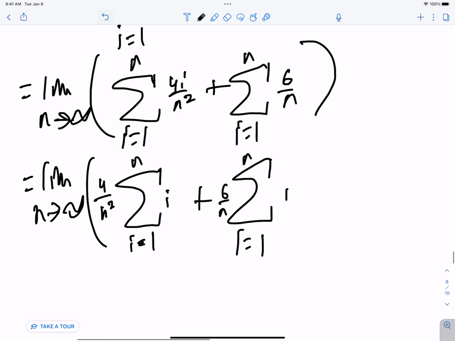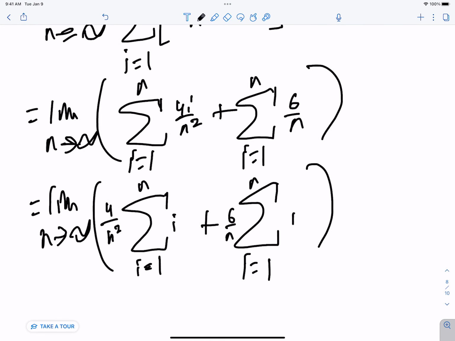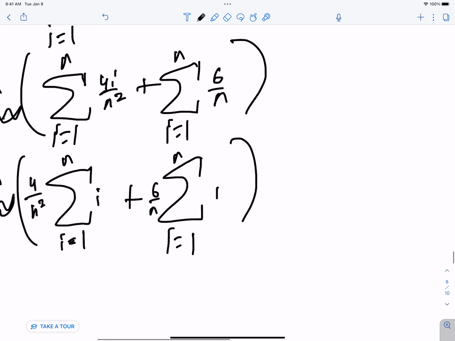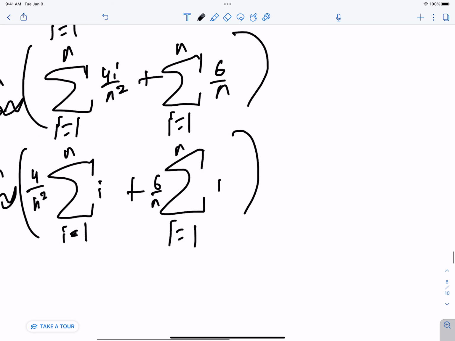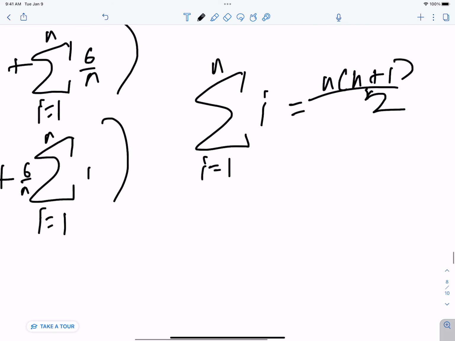Alright, so I guess to go a little further, we need to use a couple of rules. Luckily, I know a couple of summation rules, it's pretty simple. So when we have a case like, oh, that's horribly drawn. Okay. When you have something that looks kind of like that, it's simply equal to n times n plus 1 over 2. I don't know the definitive proof, but this is math.